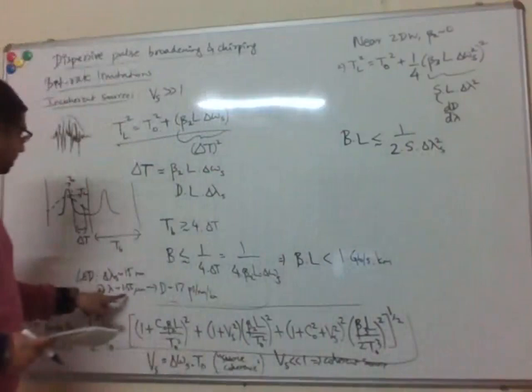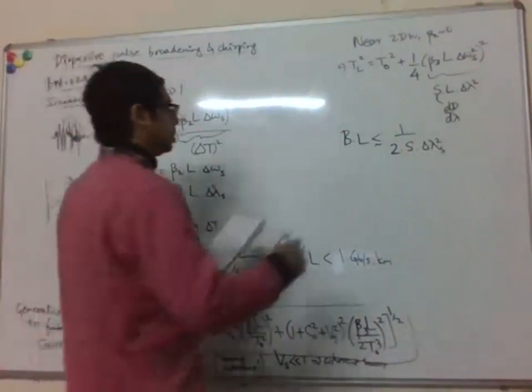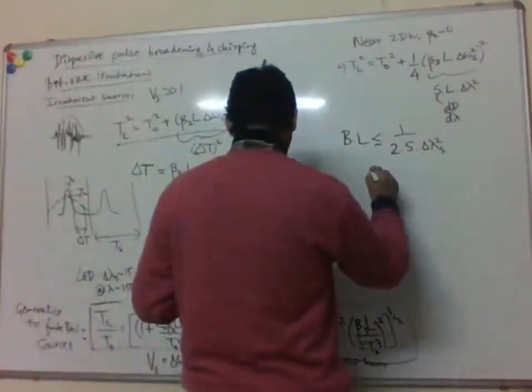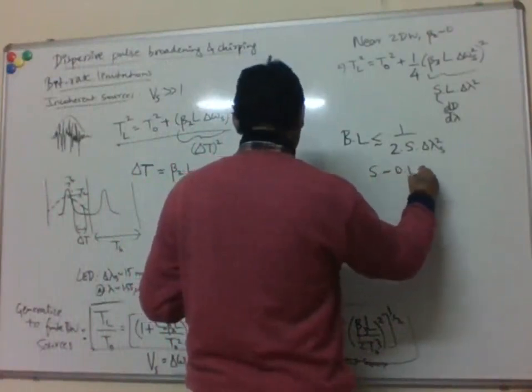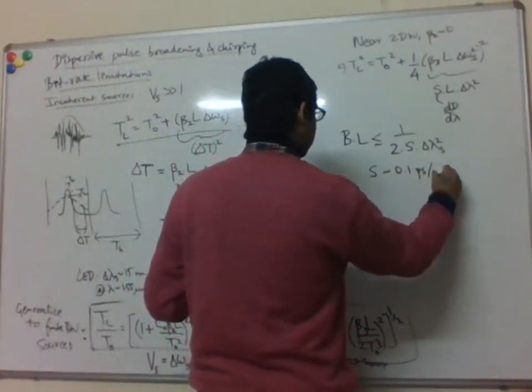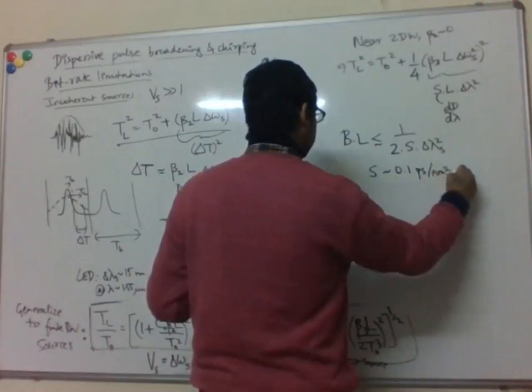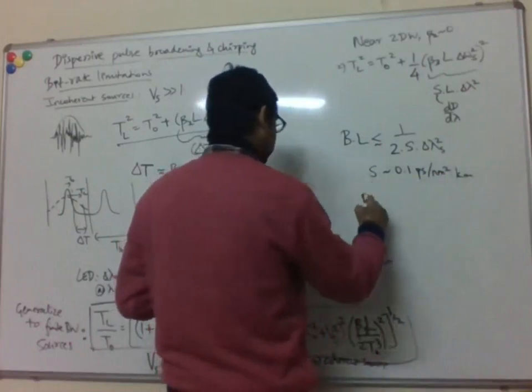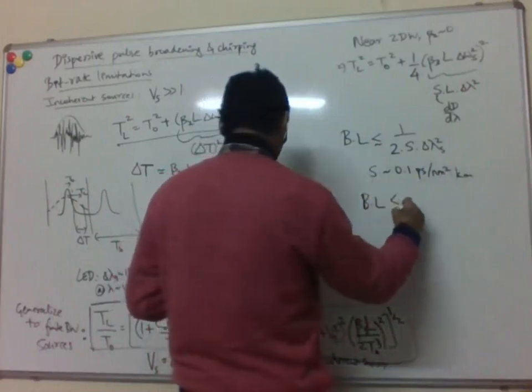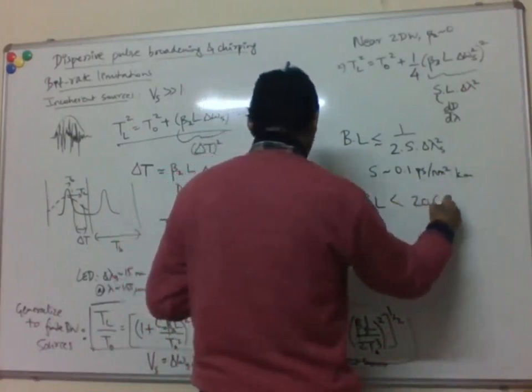Again, if we take similar numbers here, and a typical value for the dispersion slope, about 0.1 picosecond per nanometer square kilometer, then this value comes out to be 20 gigabit per second.